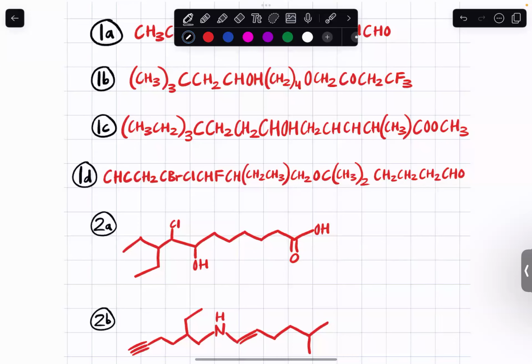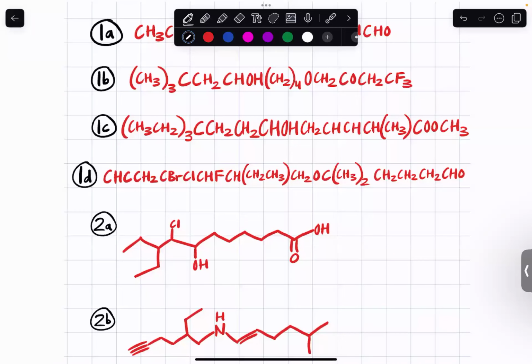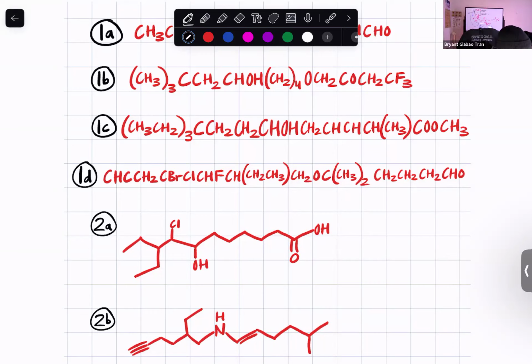Number 3 here, drawing bond line structure. Practice. Convert the given condensed formula. Okay, I see it. Number 3, page 25, 24.